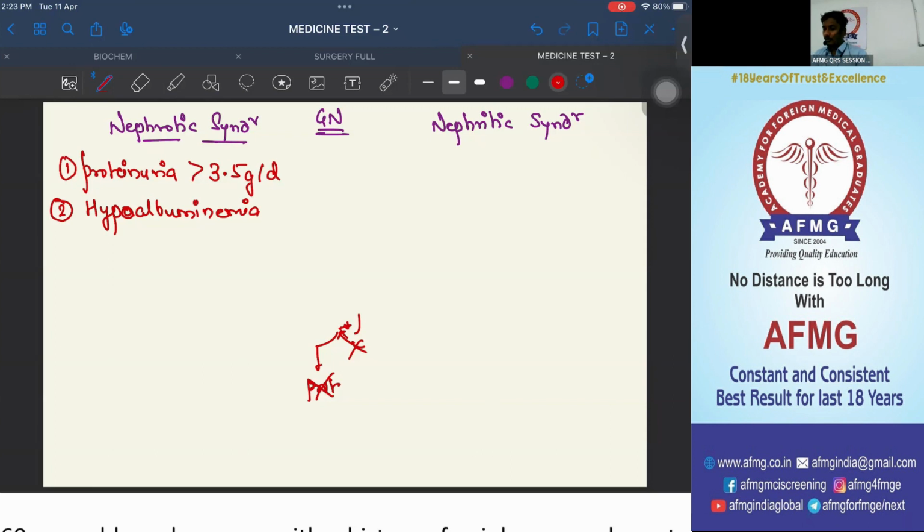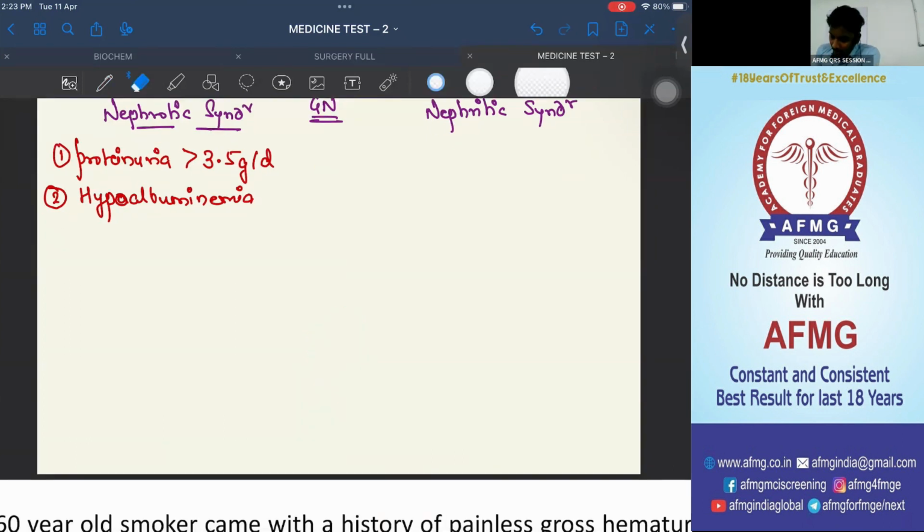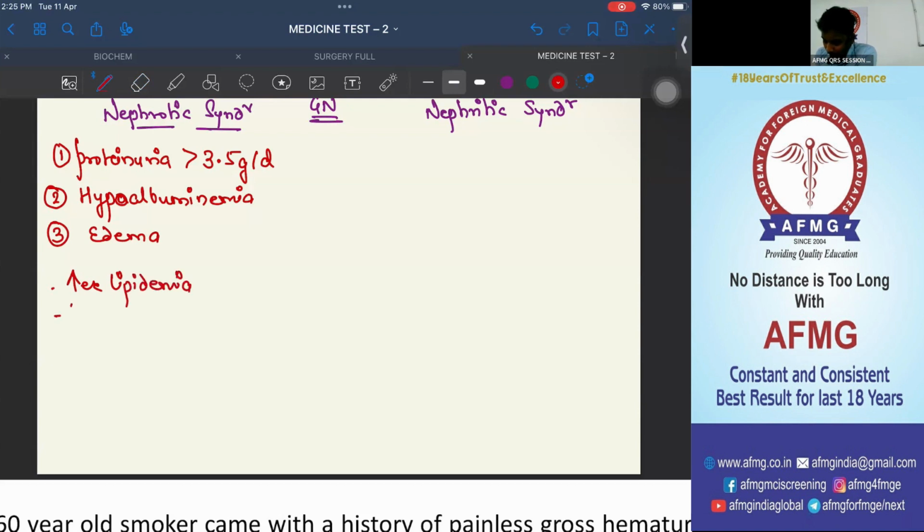So the patient will also suffer from lipiduria. The third important feature, as I've told you, is edema or generalized edema called anasarca. Apart from these three essential features, the patient will have hyperlipidemia and can also have lipiduria. Okay? So these are the features. Rarely, a patient of nephrotic syndrome can also suffer from hypertension as well.